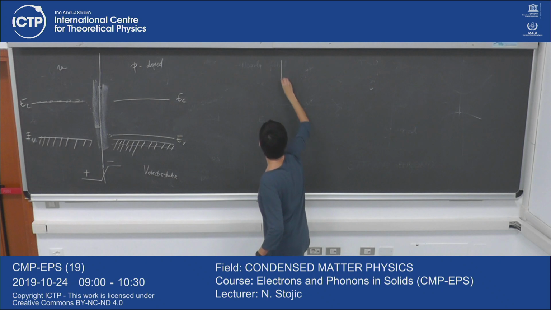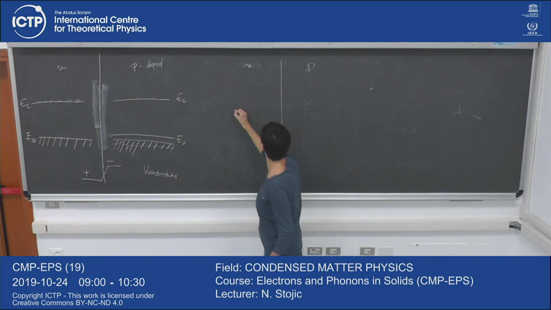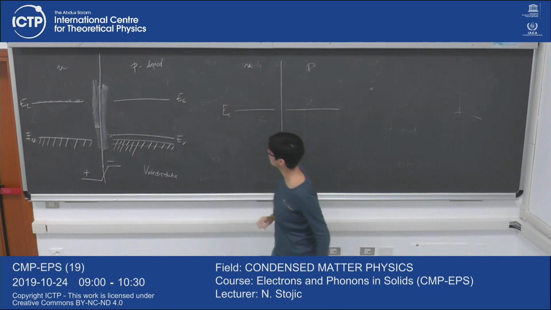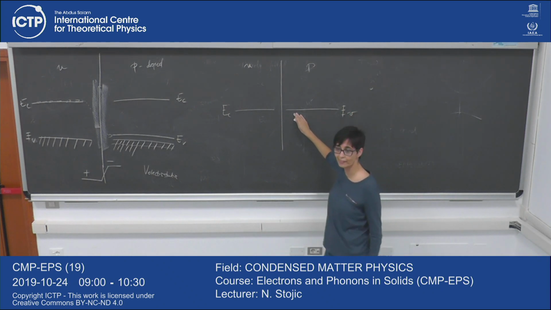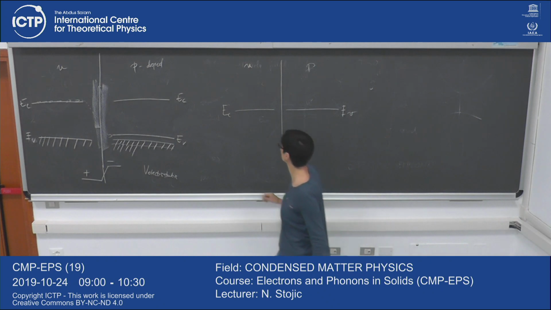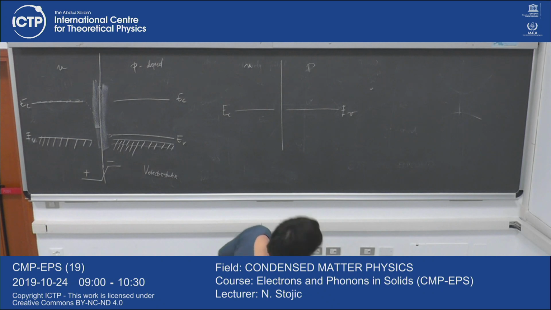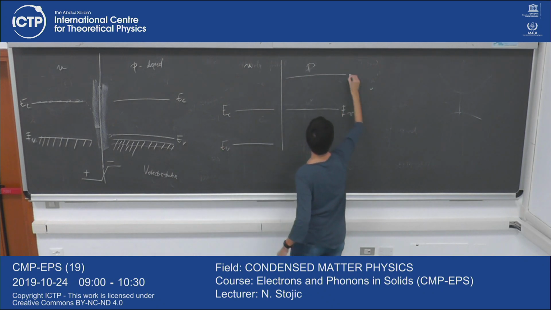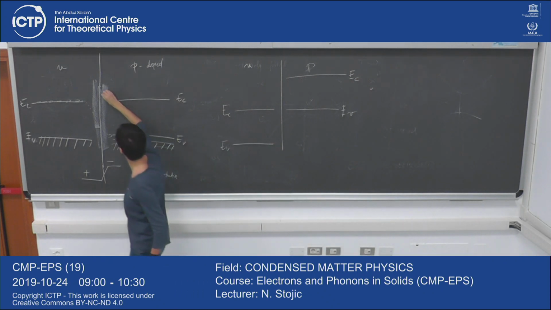So let me try to draw it now. N and P: the conduction band of the N is very close to the valence band of the P doped. Here is the conduction, and there is a depletion region.